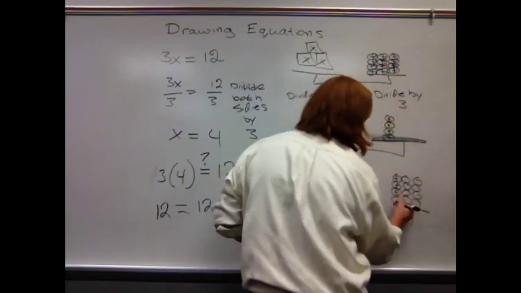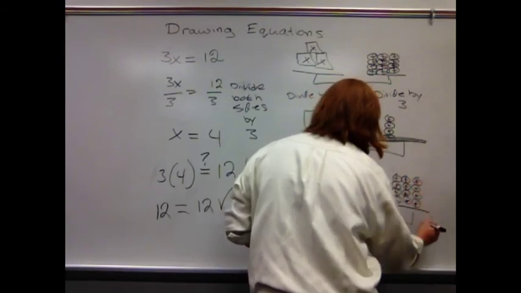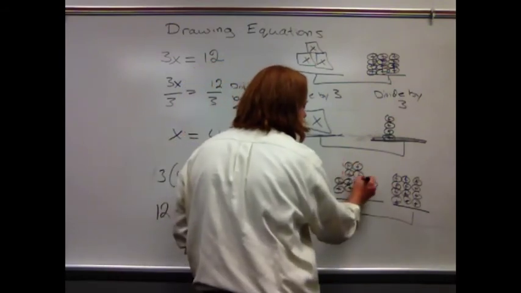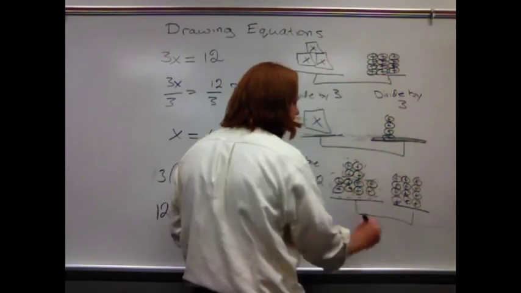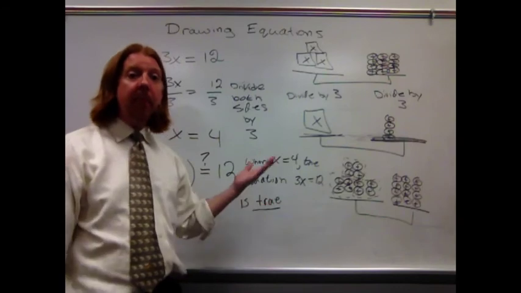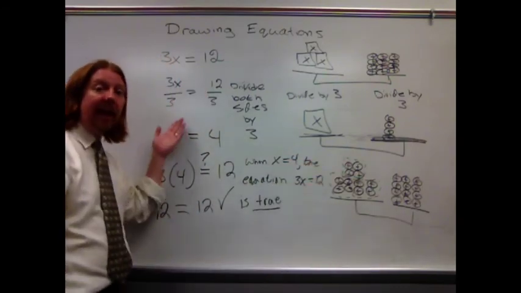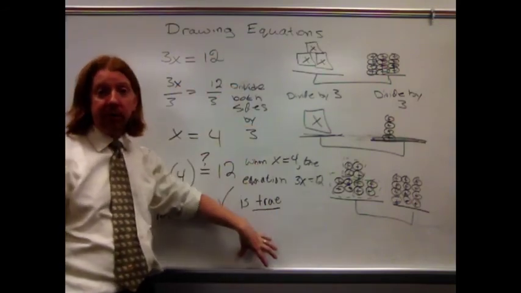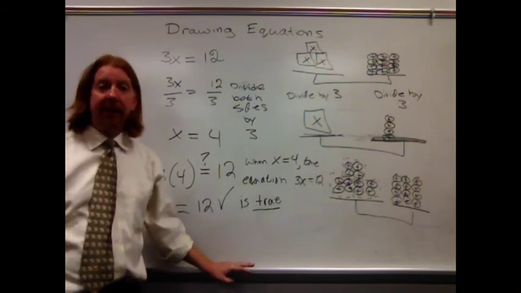One, 2, 3, 4, 5, 6, 7, 8, 9, 10, 11, and 12. 12 balances 12. So I can see the problem unfolding visually as well as unfolding abstractly in the algebra with my words explaining step by step what's happening.